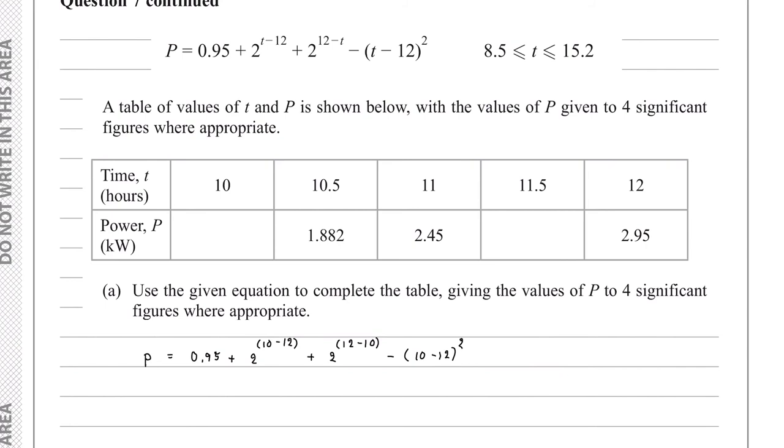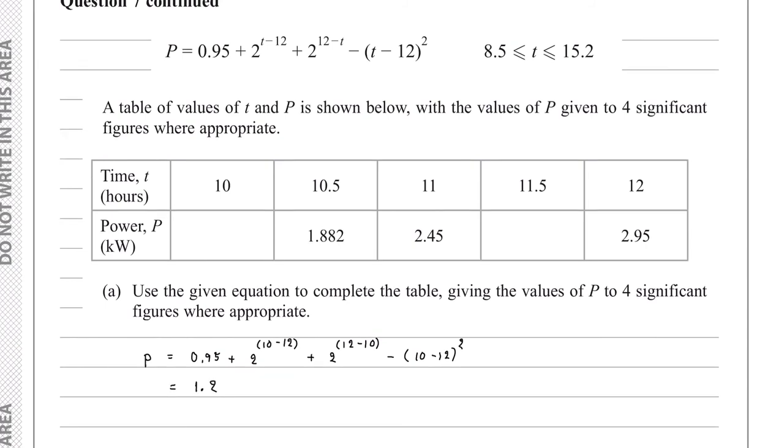And the answer is 1.2. Now we put 1.2 here, and for when T equals 11.5, we input 11.5 into this equation, and the answer is 2.821 for 4 significant figures, and this is the answer of the first part.